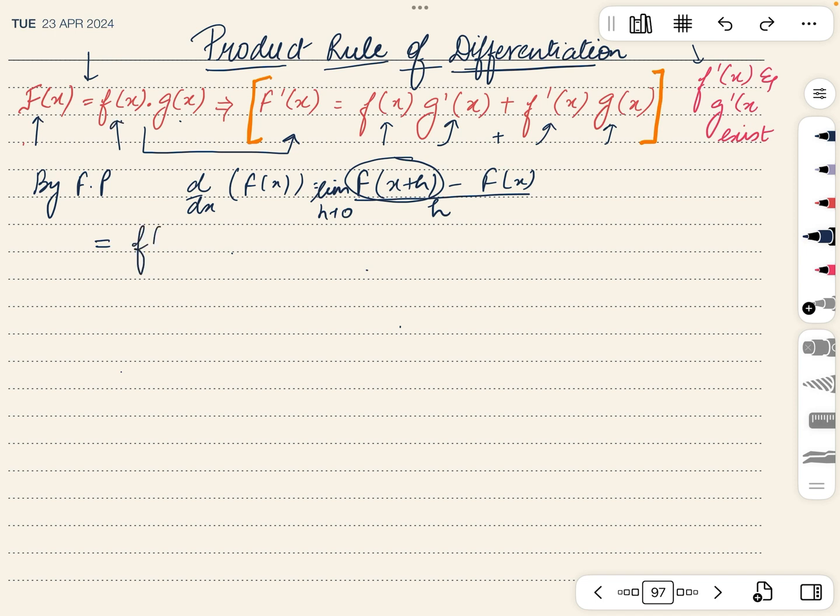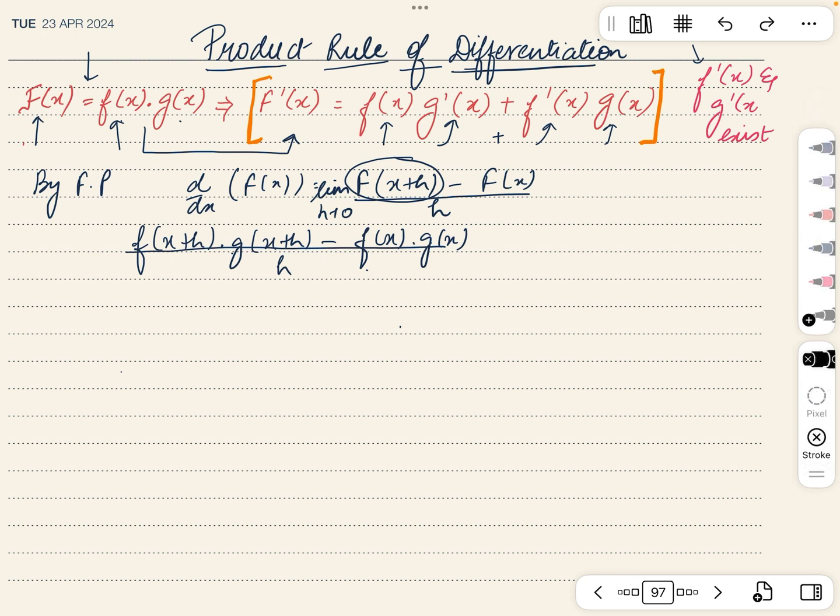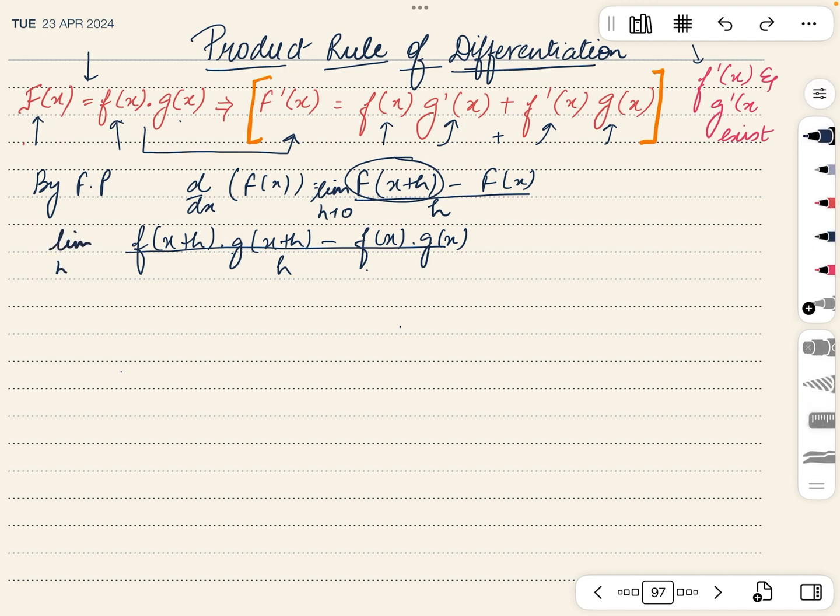So f of x plus h times g of x plus h minus f of x times g of x, divided by h. I should write the limit over here. Don't forget the limits. So limit h tending to 0. This is how you will write it down.